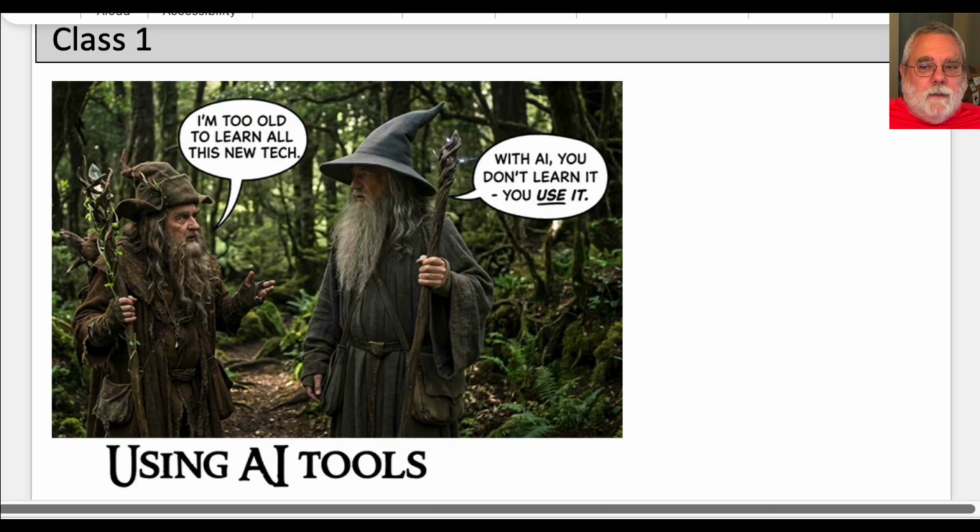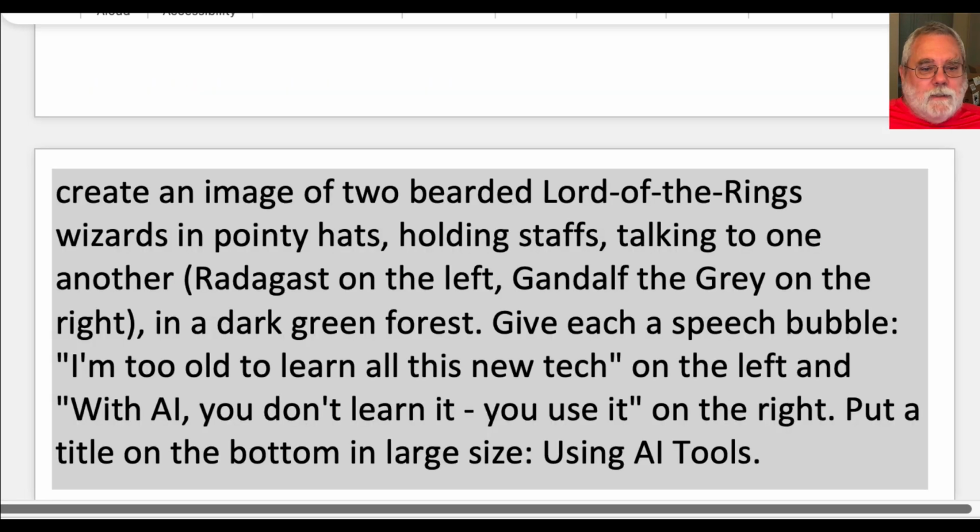I created this image by telling an AI tool what I wanted. Create an image of 2 bearded Lord of the Rings wizards in pointy hats, holding staffs, talking to one another. Radagast on the left, Gandalf the Grey on the right, in a dark green forest. Give each a speech bubble.